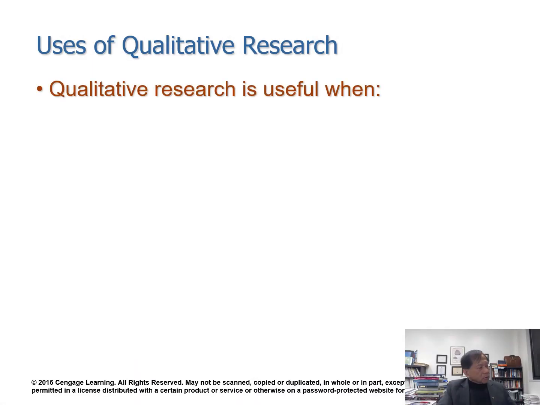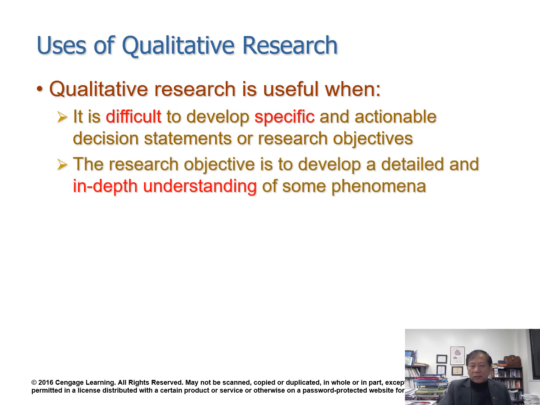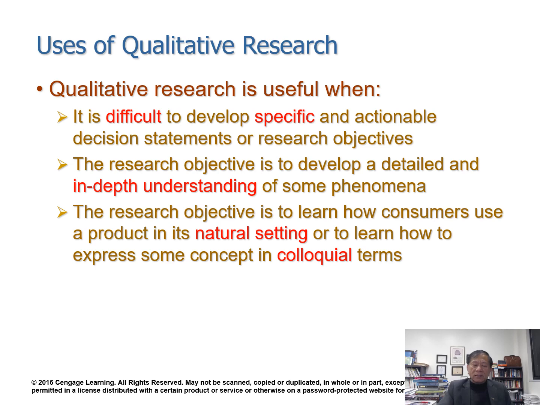Use of qualitative research. Qualitative research is useful when it's difficult to develop specific and actionable decision statements or research objectives. You may want to use qualitative when the research objective is to develop a detailed and in-depth understanding of some phenomena, to learn how consumers use a product in a natural setting, or to learn how to express some concepts in colloquial terms.